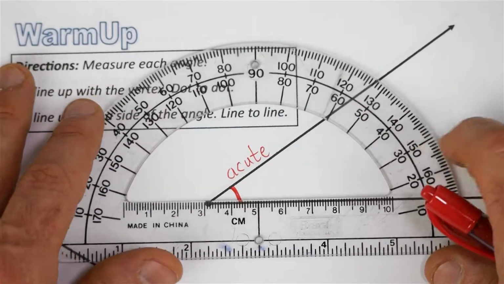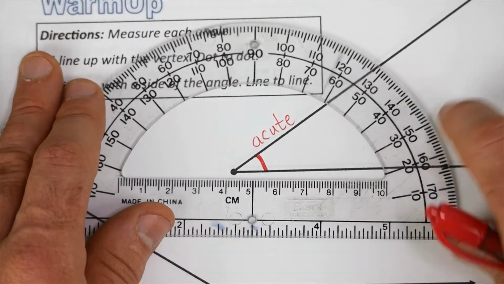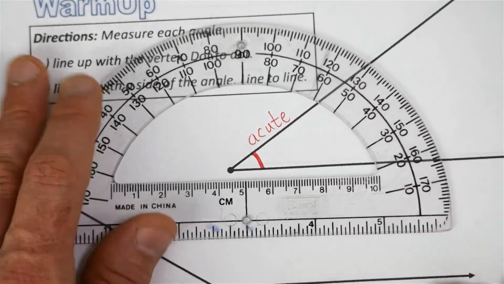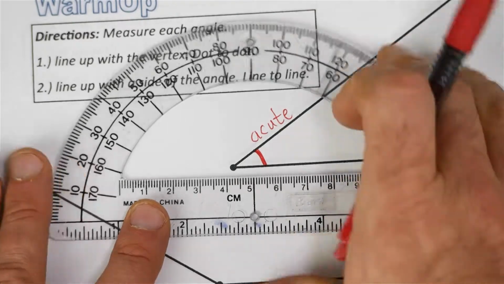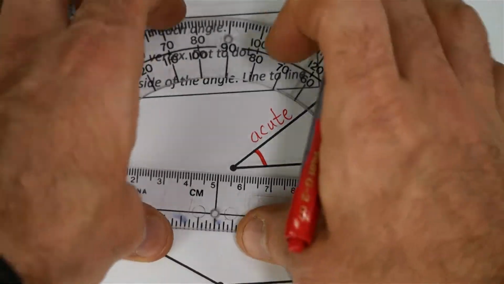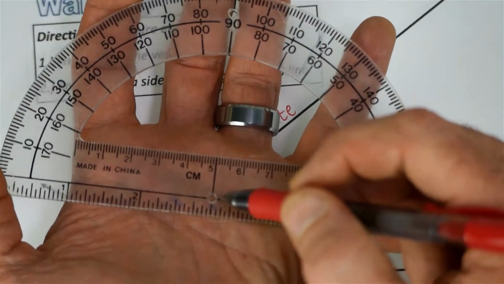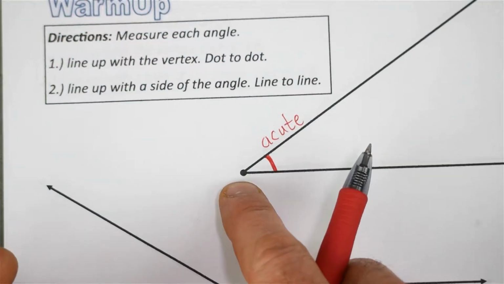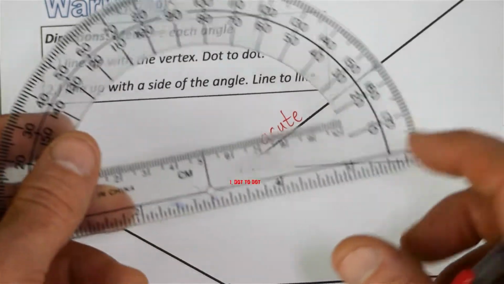Okay, so there's two things that you have to do to make this work. There's two things that have to be lined up. The first thing is that on your protractor there is a dot, basically. There's a dot right here on your protractor, and then there's a dot on your angle. So you have two dots.